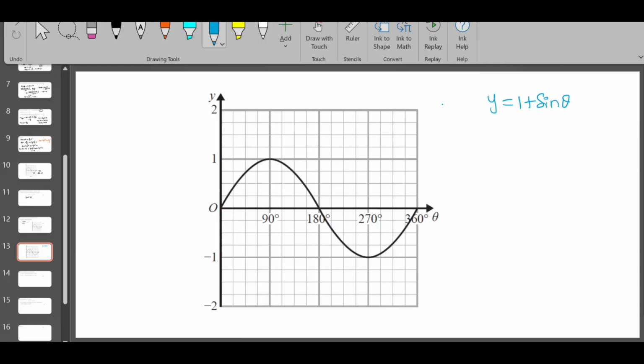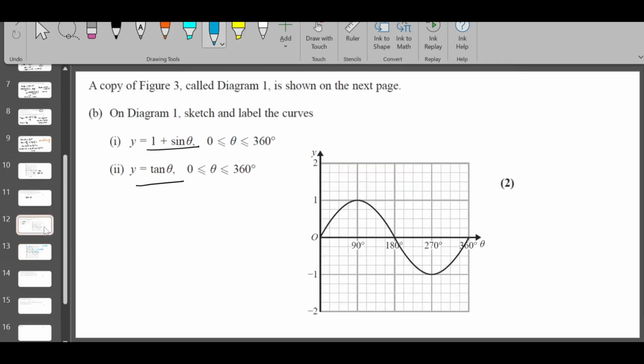When they say 1 plus sine theta, plus 1, you need to move the graph upwards 1 unit. So instead of 0, we are going to start from here. It goes all the way to here. Instead of minus 1, it will come to 0 on this, touching the x-axis here. And label it 1 plus sine theta. They just want us to sketch, right? We don't need to mention anything else.